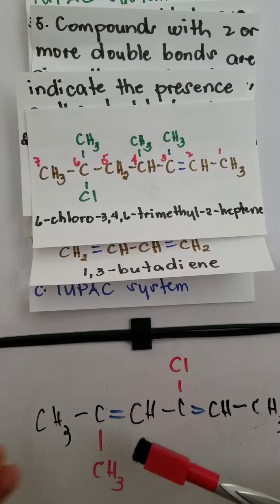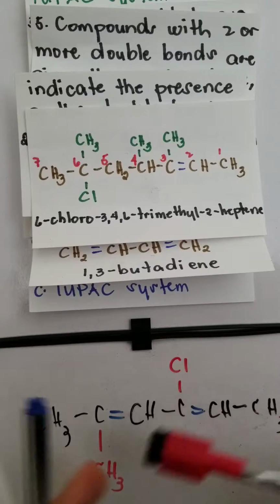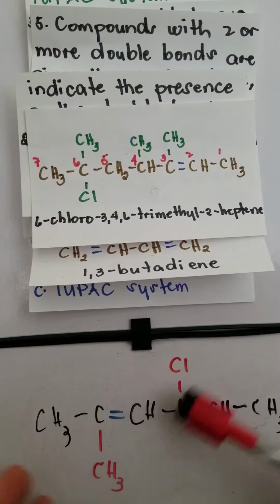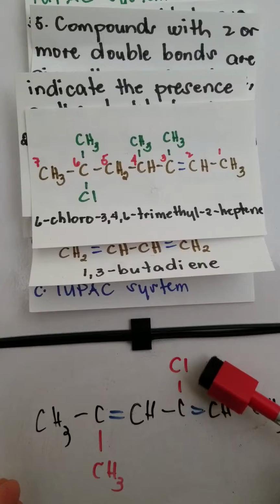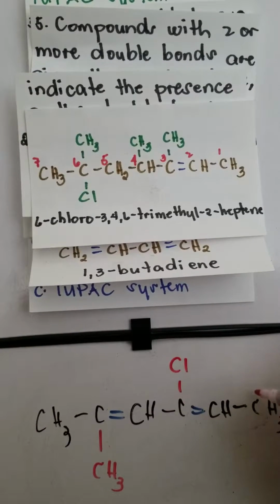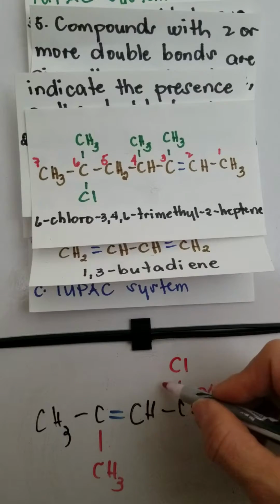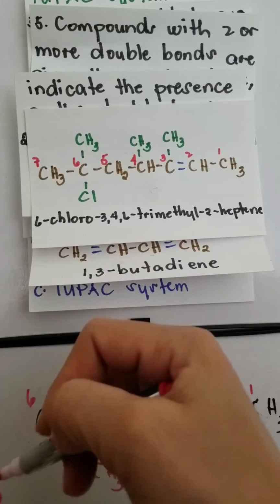In the double bond case, we consider which of those is nearest to the end. They are all the same. So proceed to the next consideration: in the alphabetical order, which one comes first? It's the chlorine, right? So our first carbon atom is at this end. So our first carbon atom here, 2, 3, 4, 5, and 6.